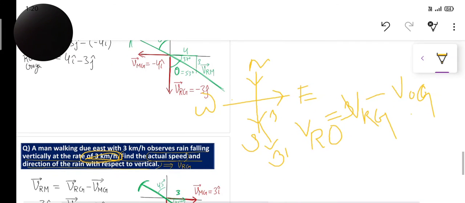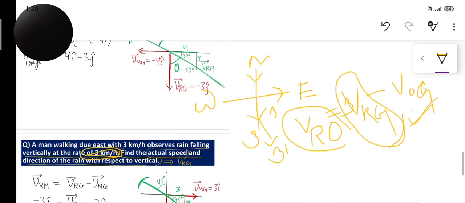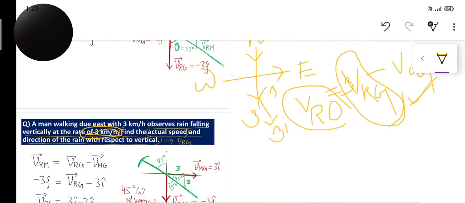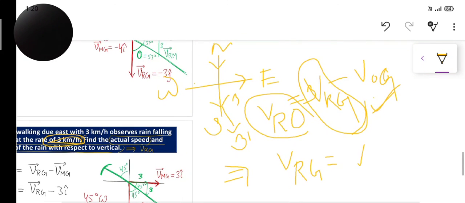So we are given this one, and we have to find the velocity of rain with respect to ground, and we have this one because it is 3 km. So finally the velocity of rain with respect to ground is v_ro plus v_og.